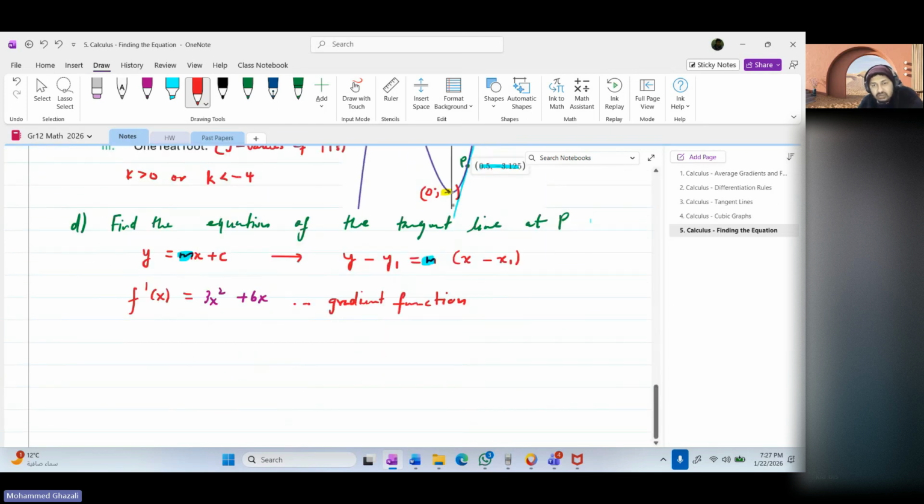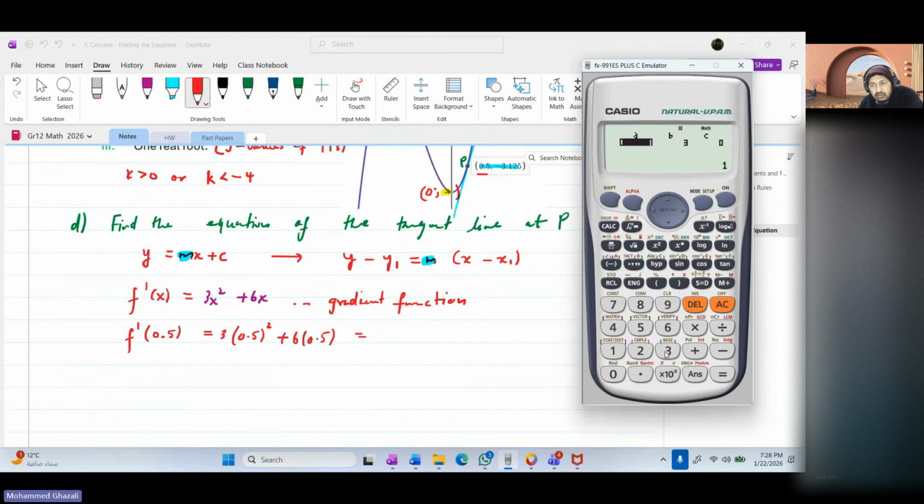So I'm going to substitute at 0.5. So you're going to say f prime 0.5 is equal to 3 times 0.5 squared plus 6 times 0.5. Now you need to put this into the calculator and you will get an answer. So 3 times 0.5 squared is half squared, which is a quarter, 0.25.